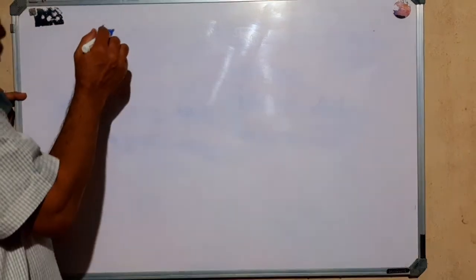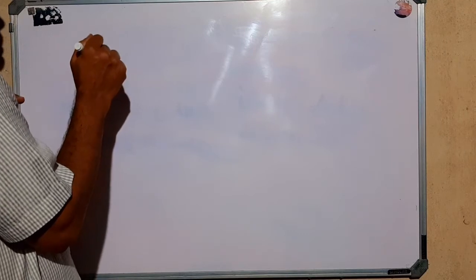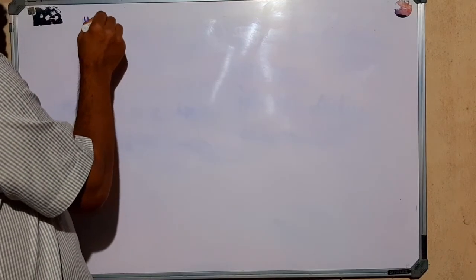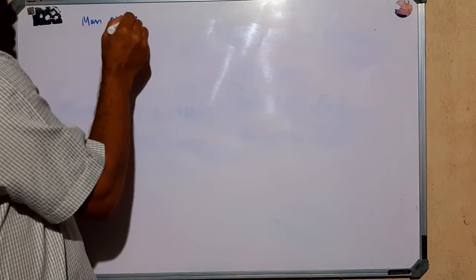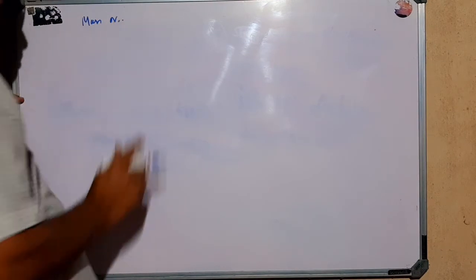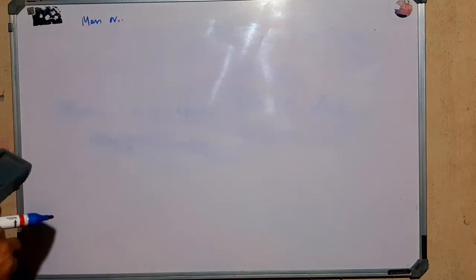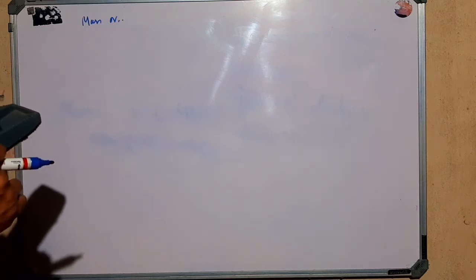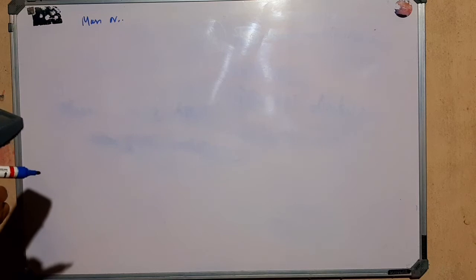So when you consider the atom, as already considered, what is the mass number? Mass of proton plus mass of neutron. So it is almost equal to the mass of the atom, right? Why?